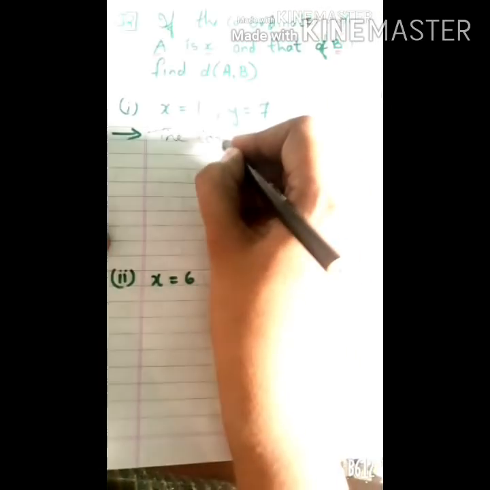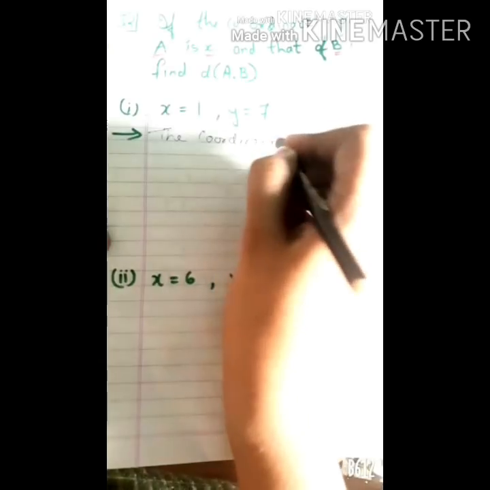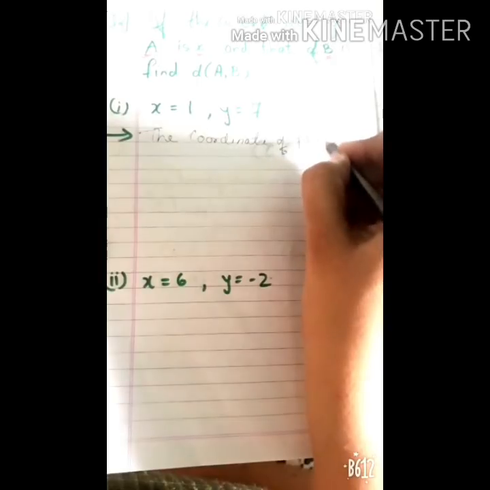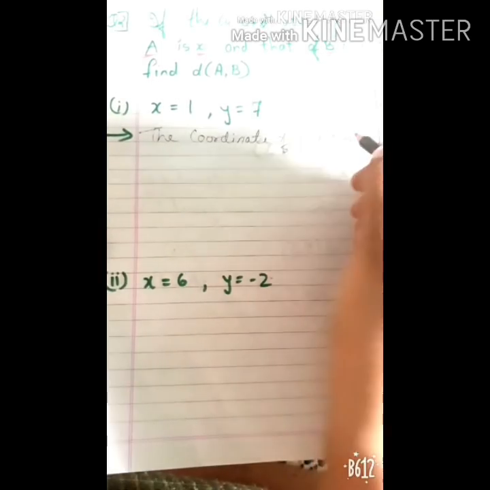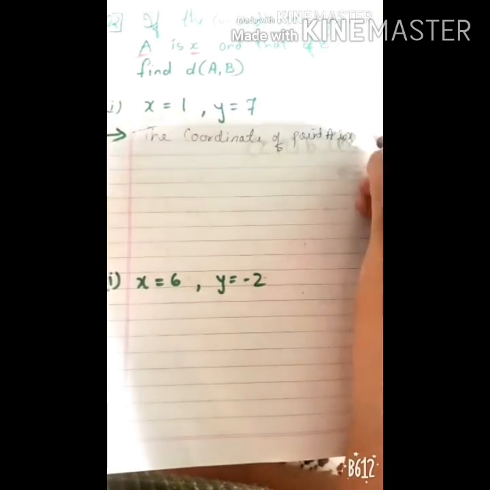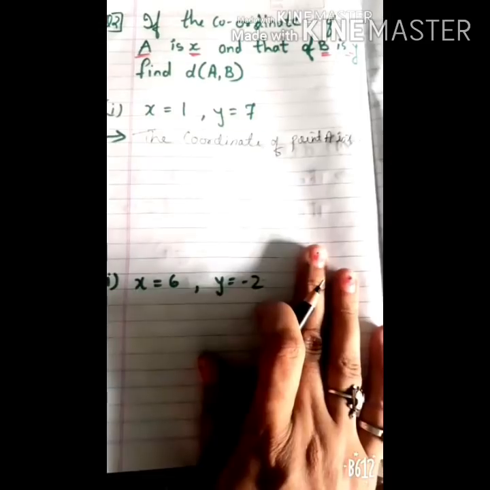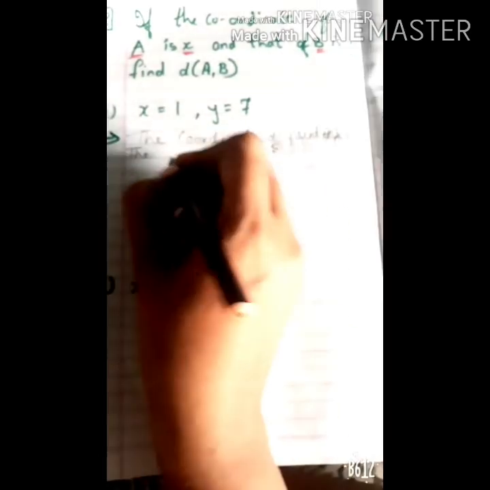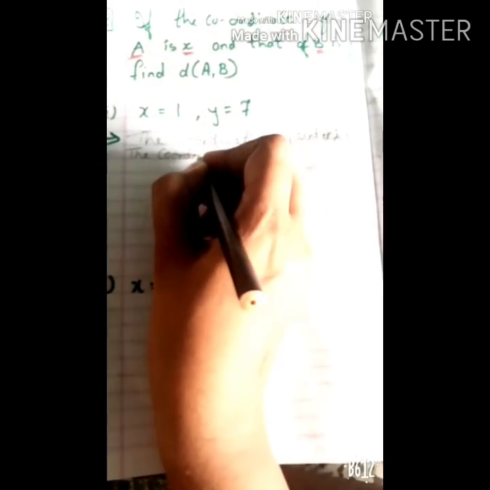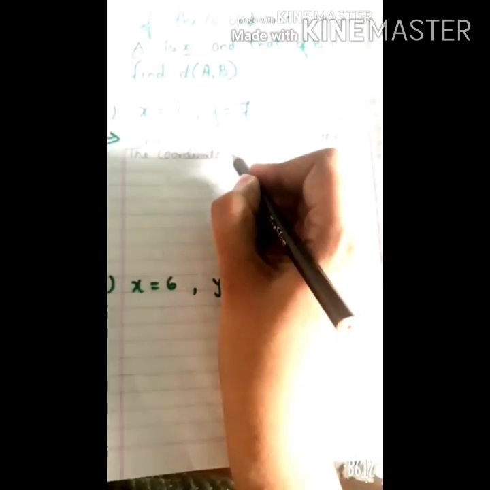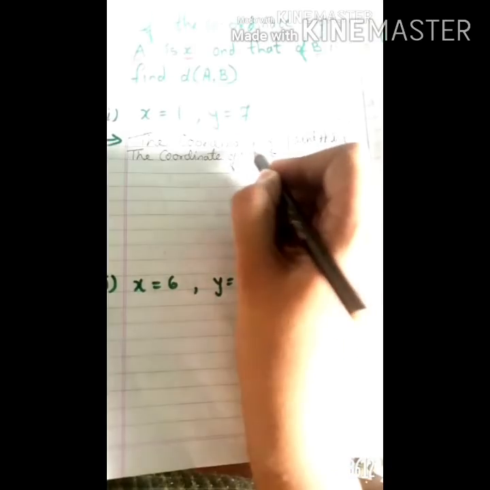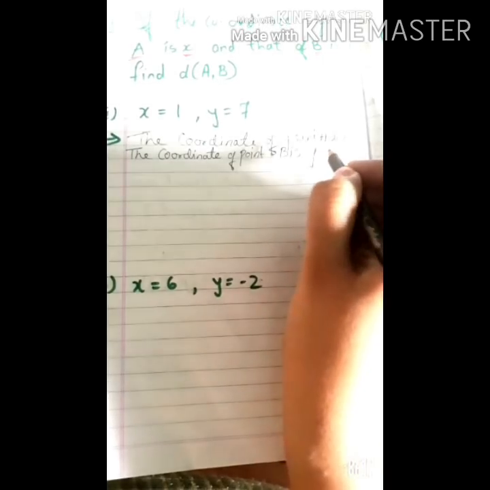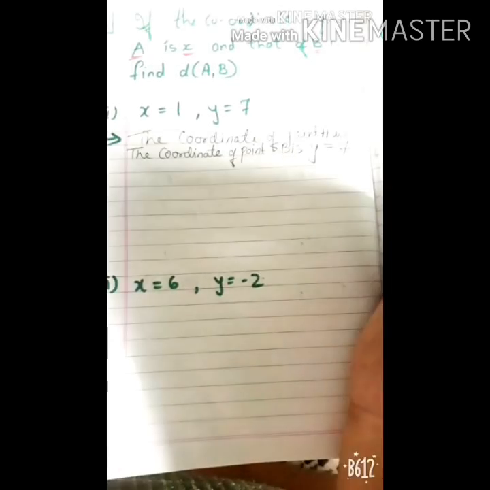The coordinate of point A is x, that is 1. The coordinate of point B is y equal to 7.